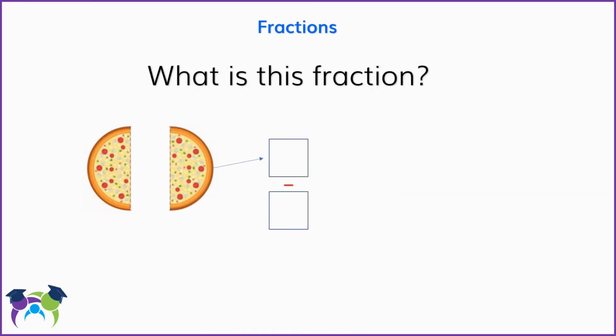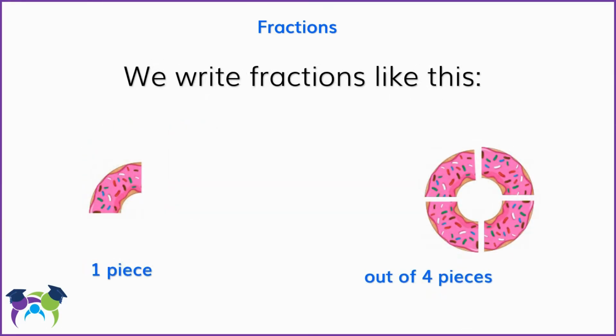What is this fraction? How would we write this? It's 1 piece out of 2. So we write 1 at the top and 2 at the bottom. Again, we write fractions like this, where we write 1 out of 4. Here we have 1 piece out of 4 pieces.